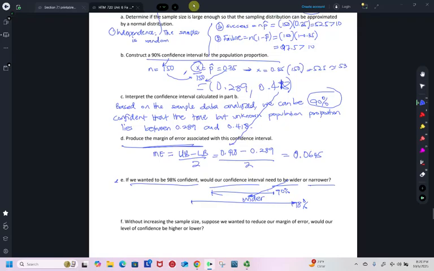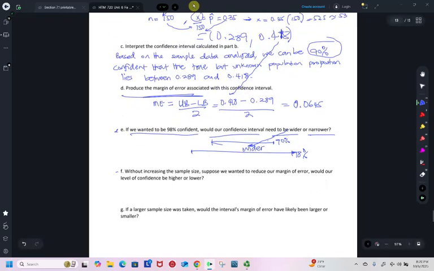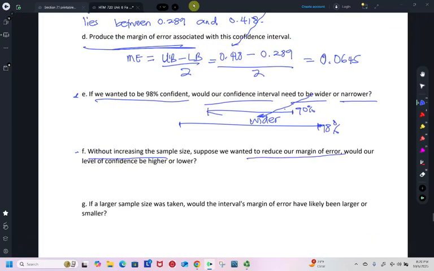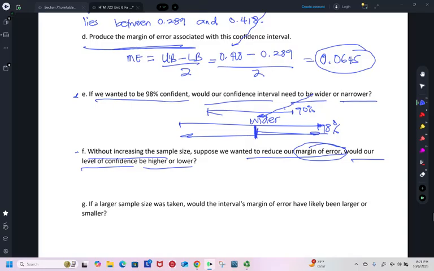Then the next part of the question said, without increasing the sample size, suppose we wanted to reduce the margin of error, would our level of confidence need to be higher or lower? Remember, your margin of error determines the stretch above and below the point estimate in the middle. If we want to reduce our margin of error, that means we want to collapse the outstretched hands.